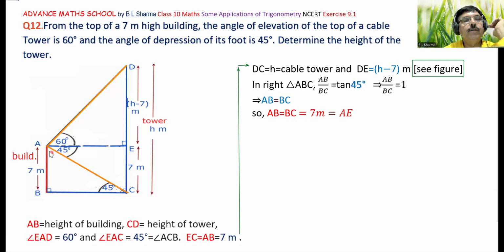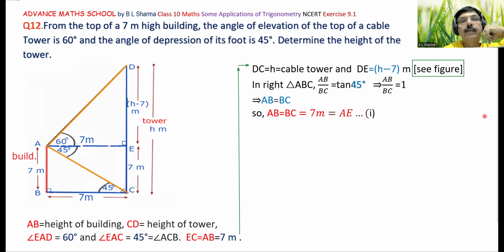So AE is also 7 meter. We have to determine this h, because this CE is 7 meter. It means we have to calculate this one.